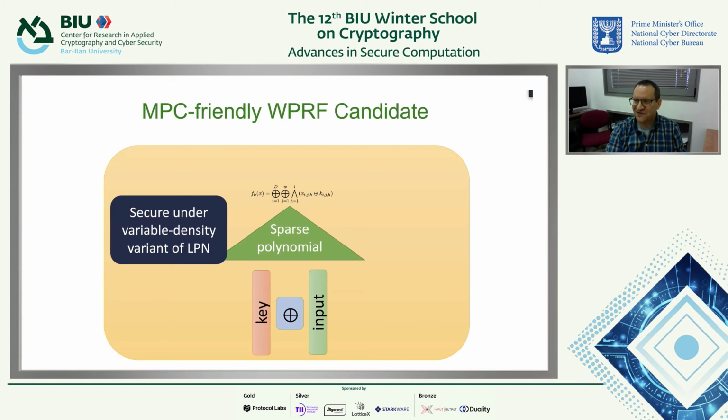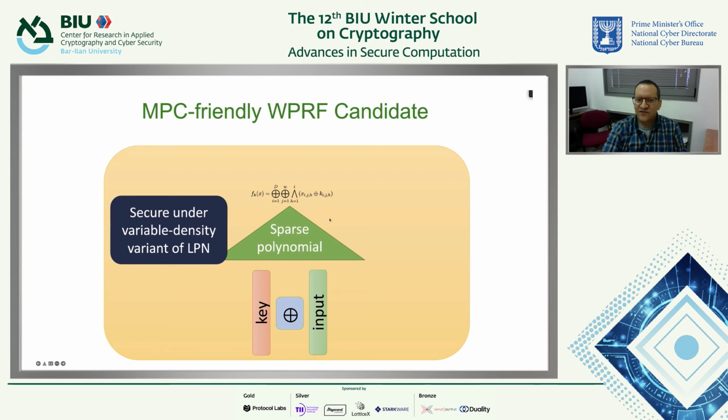We argue security with respect to known attacks, but you can also think of it as a natural variable density version of a standard LPN. I will show it quickly in the next slide. The other point to notice is that this construction is FSS friendly because of the way we use the secret key. The secret key just controls which inputs are being negated.